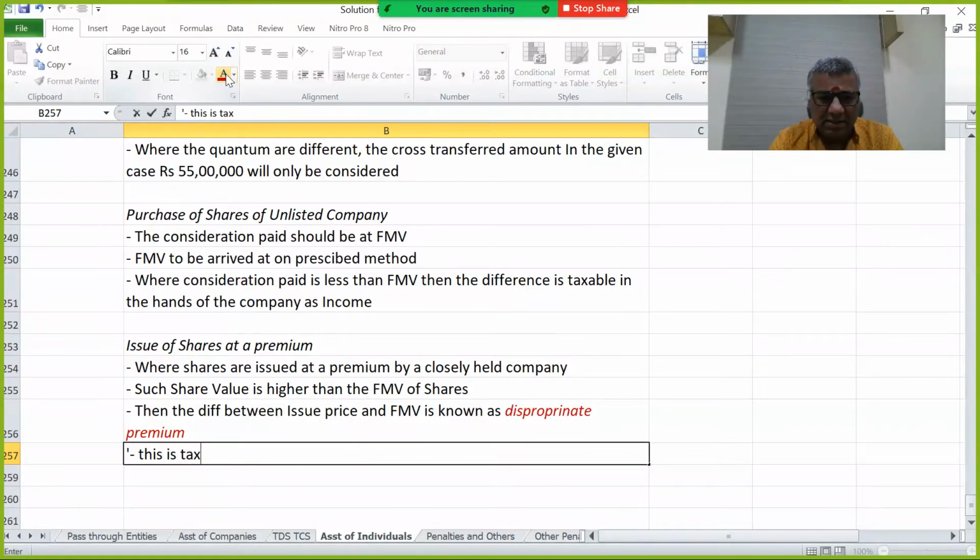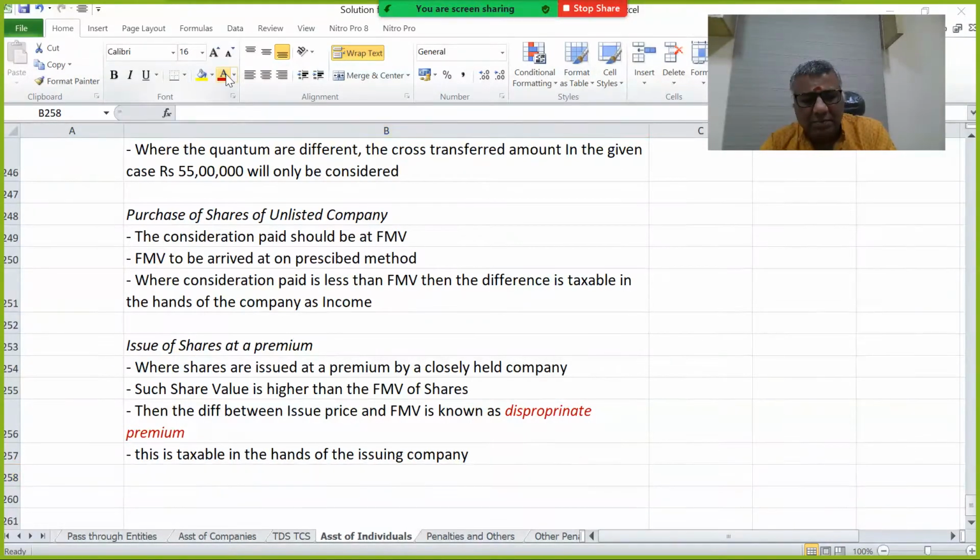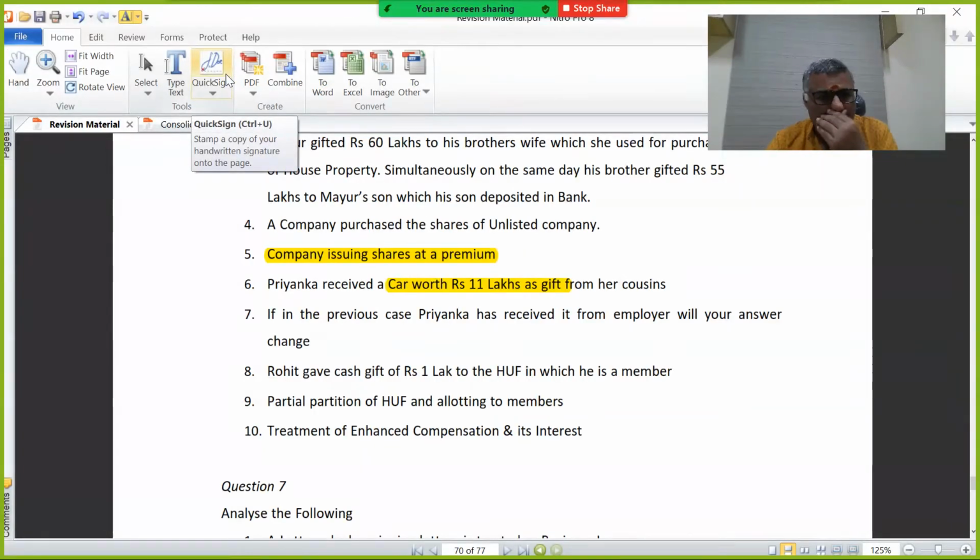This is taxable in the hands of the issuing company. Disproportionate premium is taxable in the hands of the issuing company.